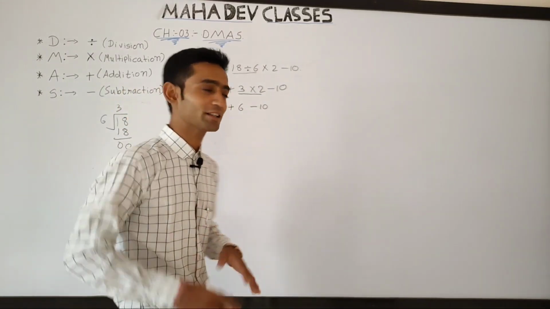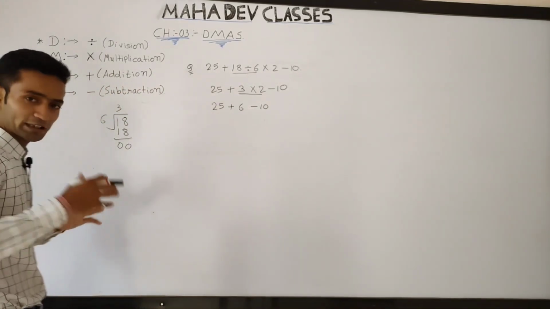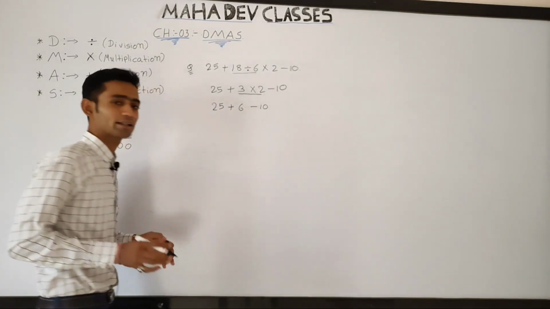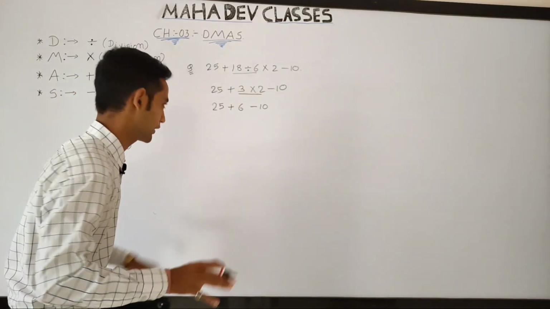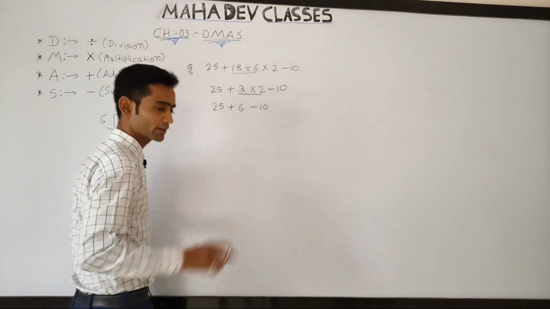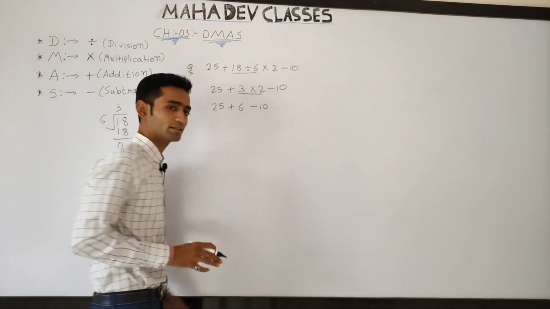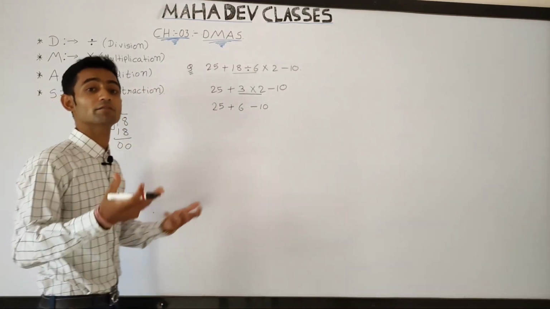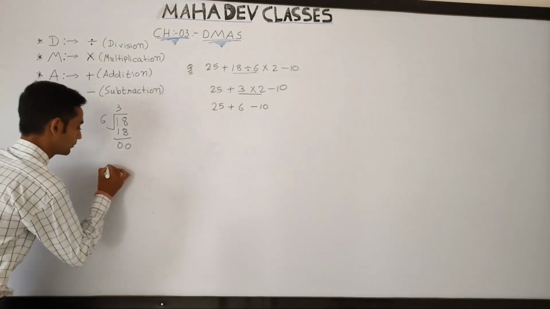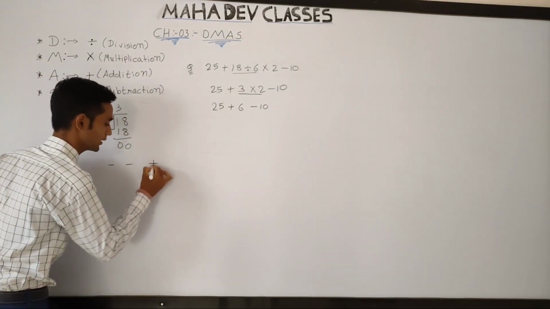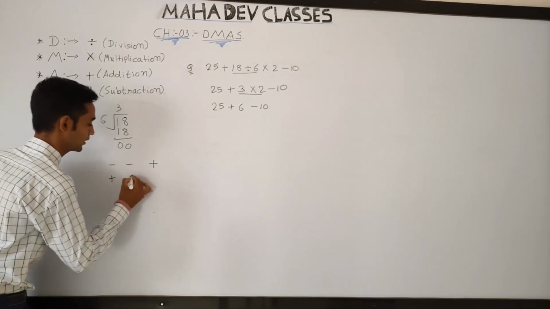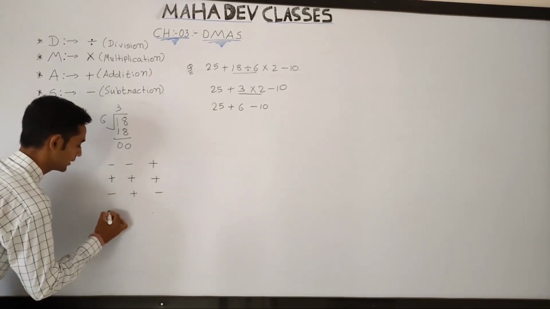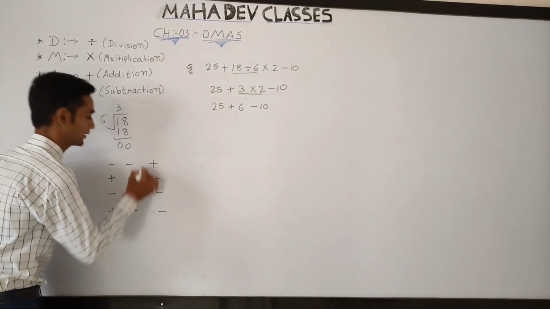Now we have completed the process of division and multiplication, and now only plus and minus signs are left. Whenever only plus and minus signs are left, you have to follow another rule, which is: minus minus plus, plus plus plus, minus plus minus, plus minus minus.